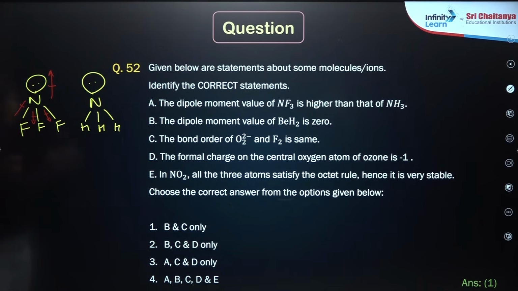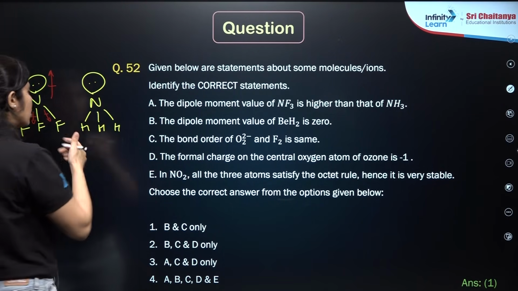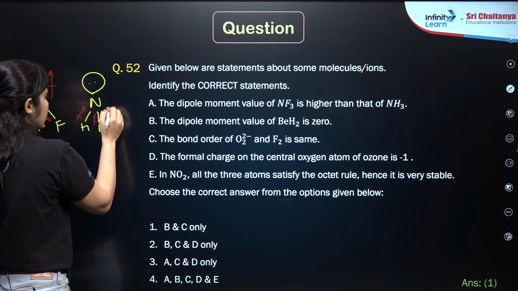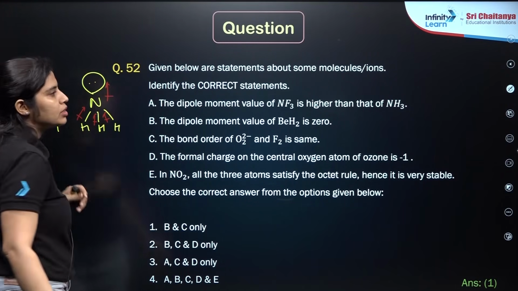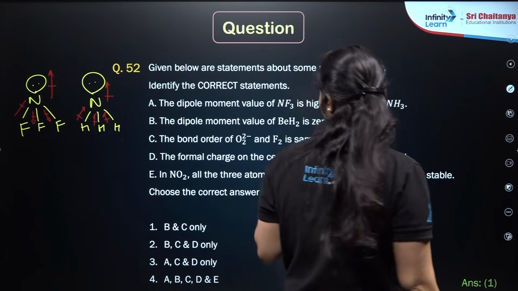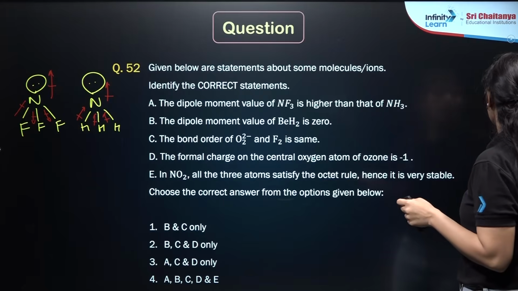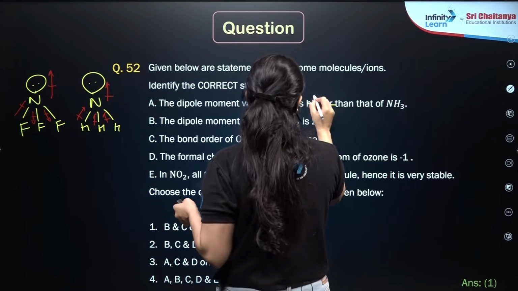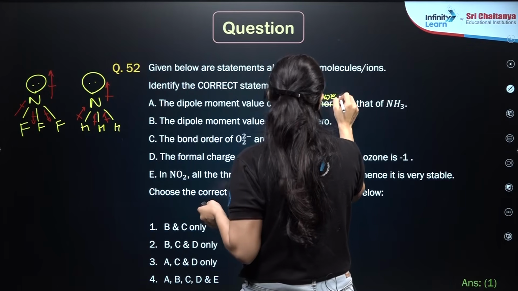So one of them is going in the opposite direction, but here we have all of them going in the same direction, which is upward. So this is kind of unanimous over here. That means your NF3 is definitely not going to have a higher value. It is going to have a lower value than that of ammonia.